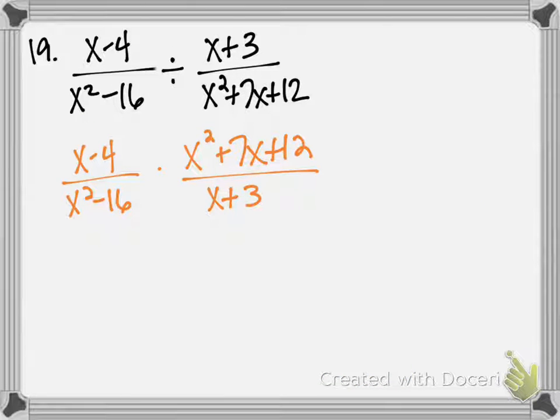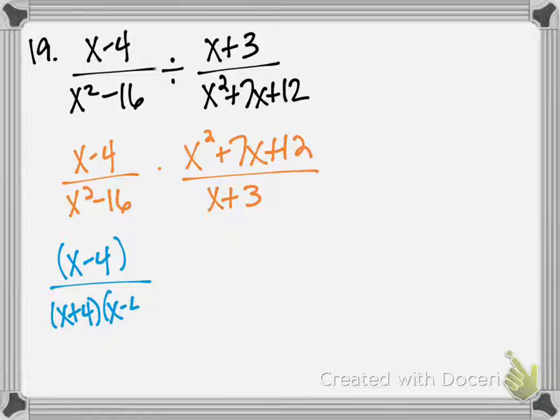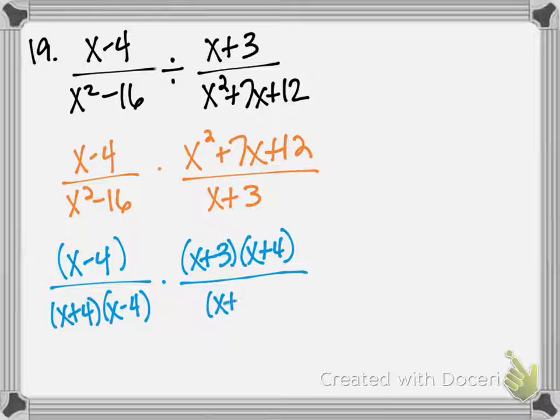Okay, so top of the first fraction is already in a factored form. The bottom becomes x plus 4, x minus 4, times, and then x squared plus 7x plus 12, so you need a pair that multiplies to give you 12 and adds to give you 7. So that's going to be x plus 3 and x plus 4, divided by x plus 3.